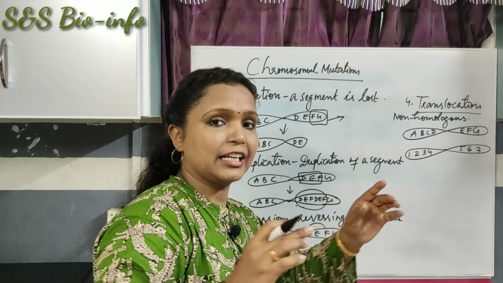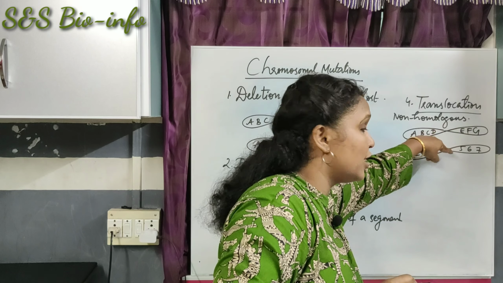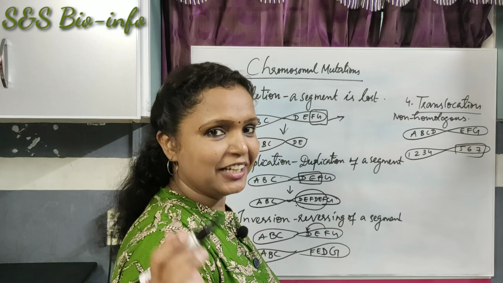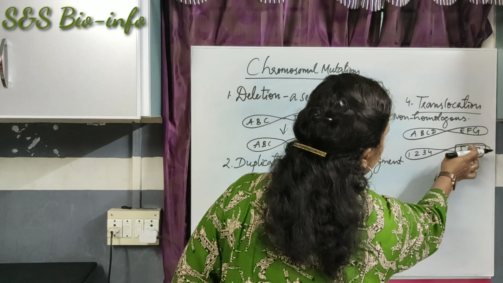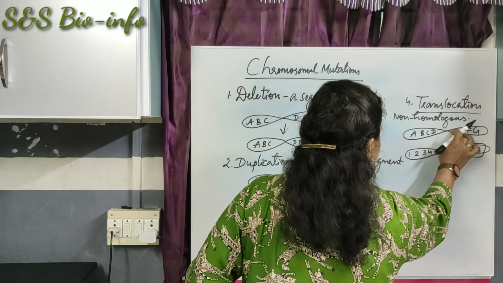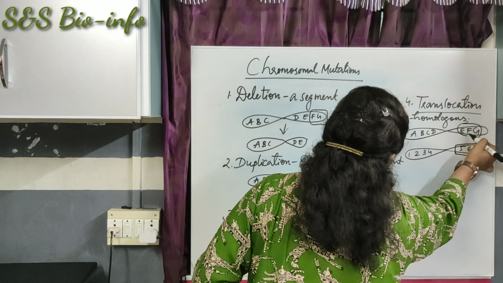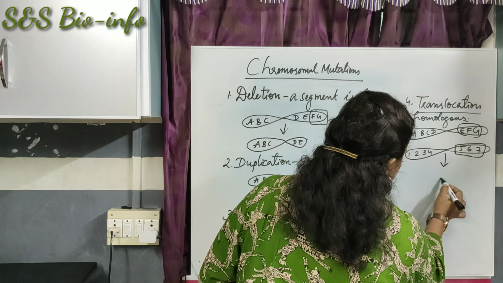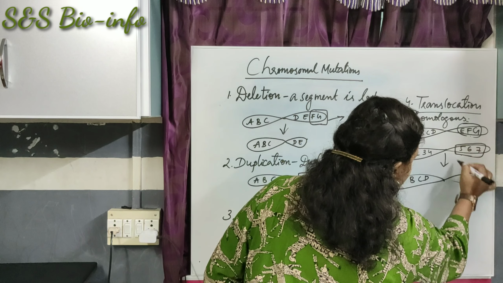Here a segment is separated from one chromosome and attached to the next non-homologous chromosome. If this particular segment is separated from this chromosome, it will be attached to this. At the same time, if it is separated from this chromosome, it will be attached over here. So it can be represented as A, B, C, D, then 5, 6, 7.